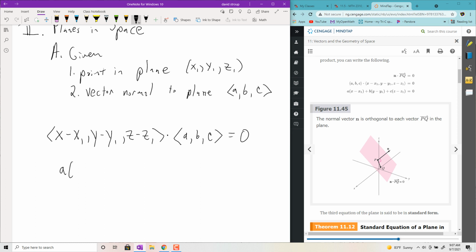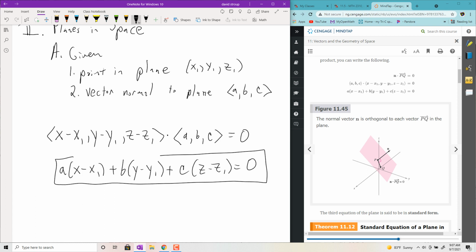It's a times x minus x1 plus b times y minus y1 plus c times z minus z1 equals 0. And that is your equation of a plane in space.